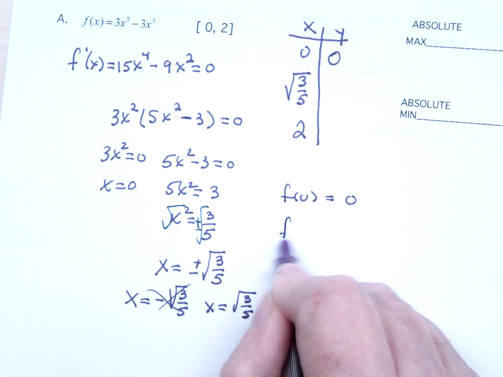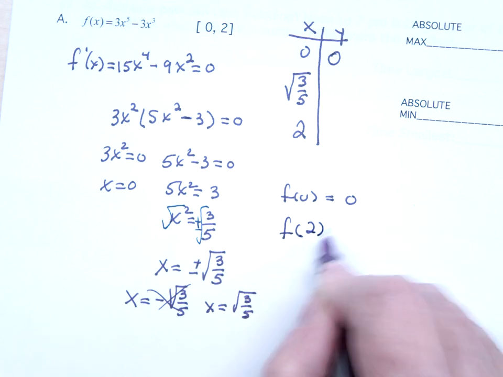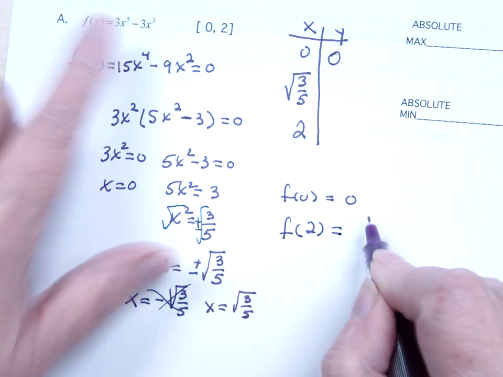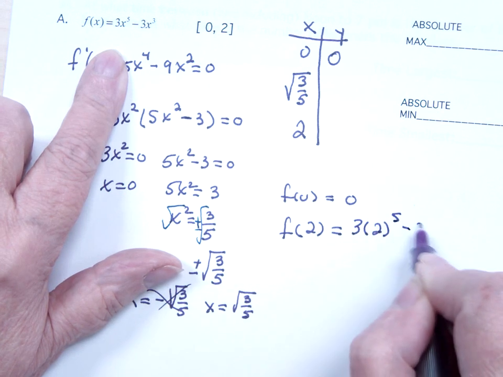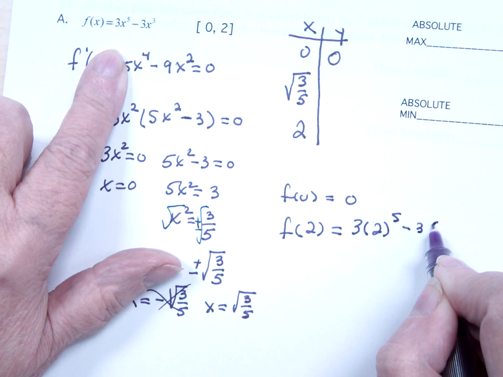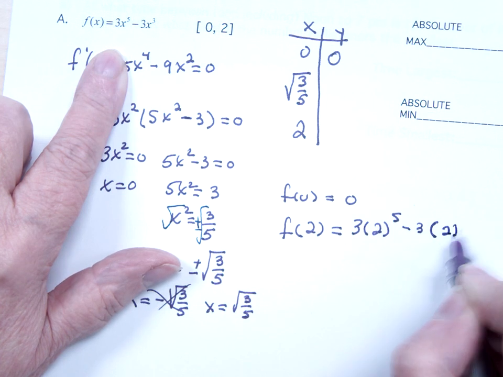And then f of 2. I'm going to take the easy way out first. This is 3 times 2 to the 5th minus 3 times 2 cubed.